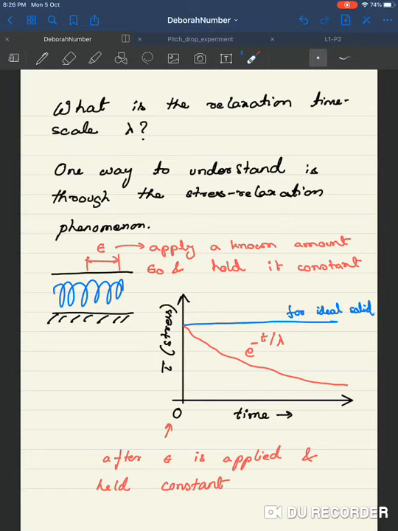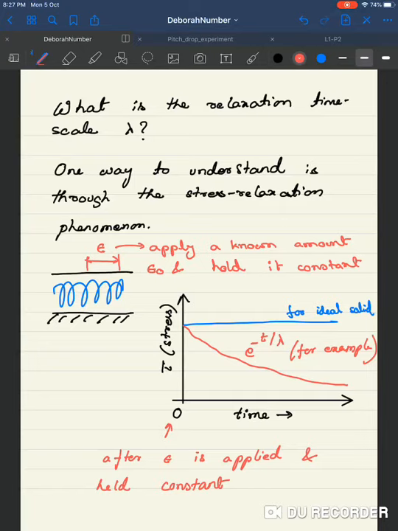It need not be exactly this. For some material it is like this, let's say, and the decrease could be characterized by other curves as well.